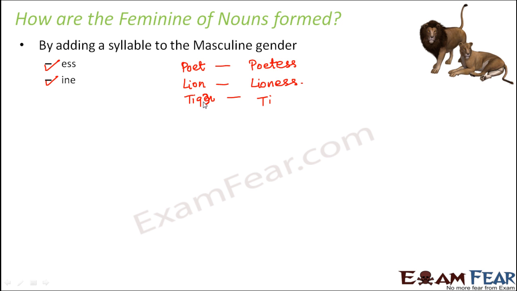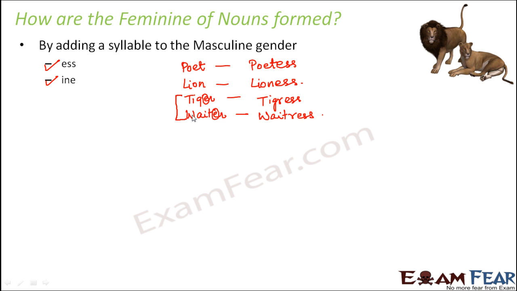In this case, the vowel is E. So we remove E and then we add ESS. So we get tigress. Similarly, in the example of waiter, you have a vowel here, right? This vowel is removed and it becomes waitress.